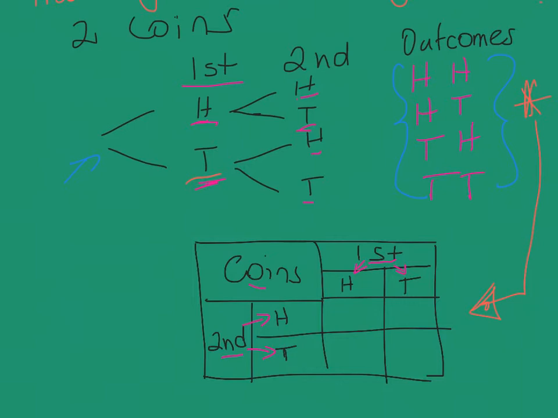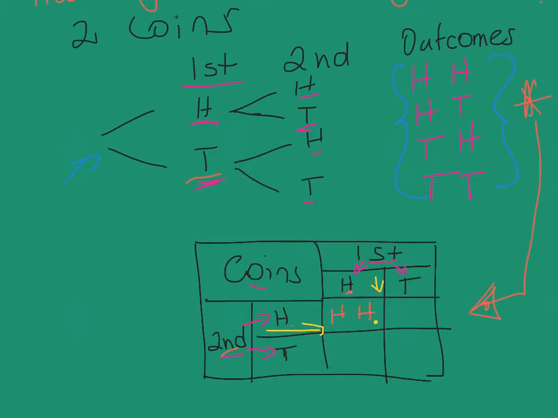If we go to our first column here, and we move out from our head, so we go head, and then we move over to our second coin, and this is a head. You can see that this cell and this cell intersect in this cell here, making it heads, heads.